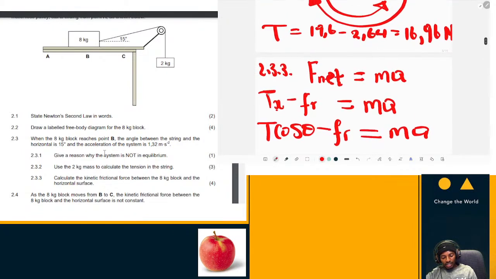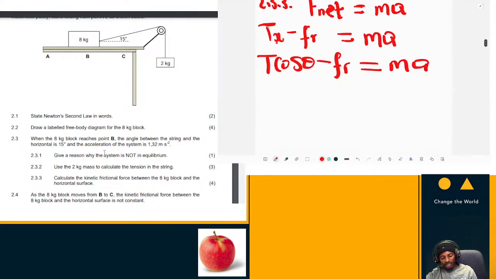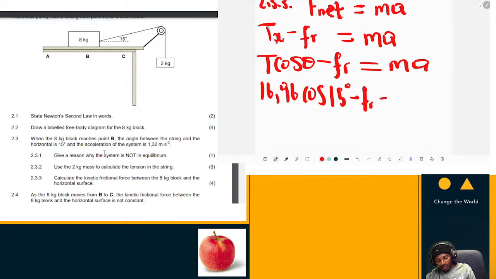The tension we have calculated to be 16.96, so I'm going to substitute it: 16.96 cos 15 degrees, because our theta is 15 degrees, minus the frictional force, equal to 8, our mass, times the acceleration, 1.32, because the 8 kg will have the same acceleration as the 2 kg. This is the same system, so both objects will experience the same acceleration.